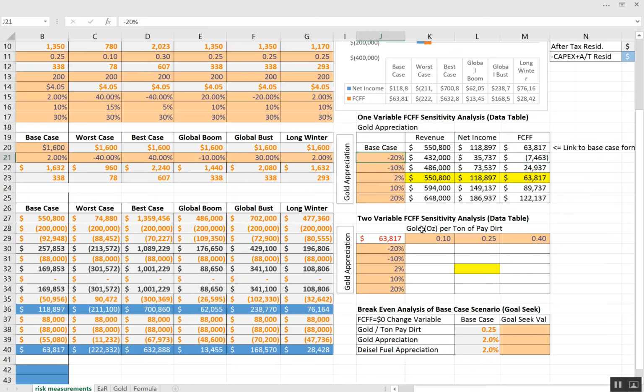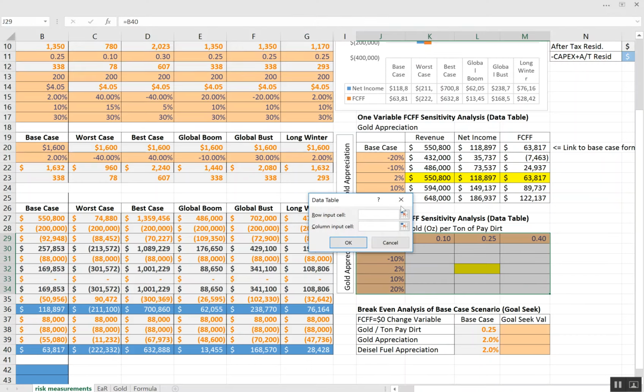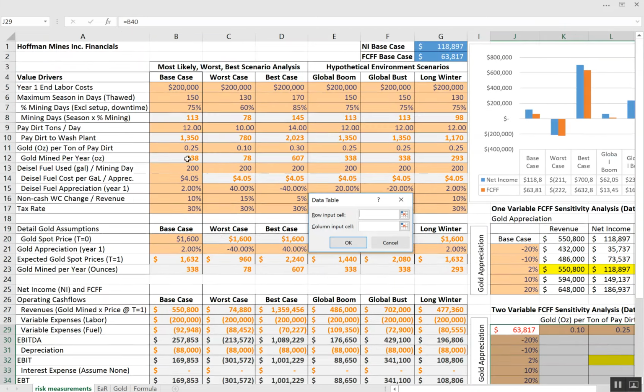Now we could do a two-factor. We could look at, say, gold ounces per ton of pay dirt and gold appreciation. We do a link to, say, free cash flow right here. And then I can highlight this. Data, what if, data table. My row input is the amount of gold in each ton of dirt. That's right here.